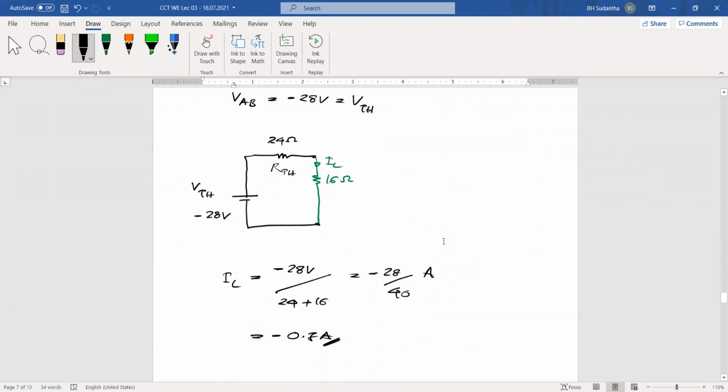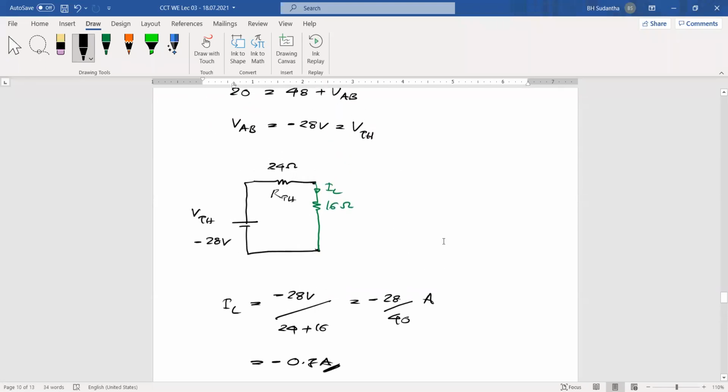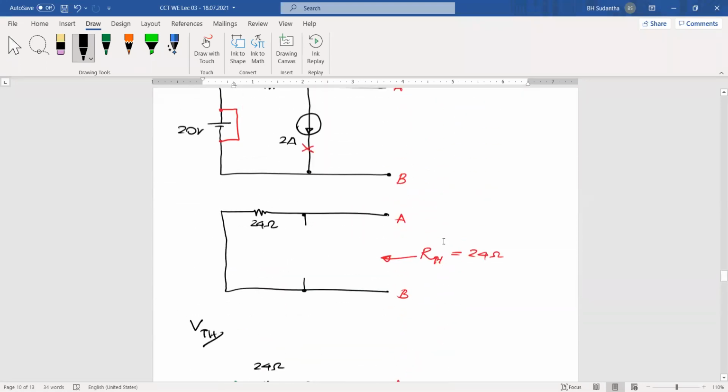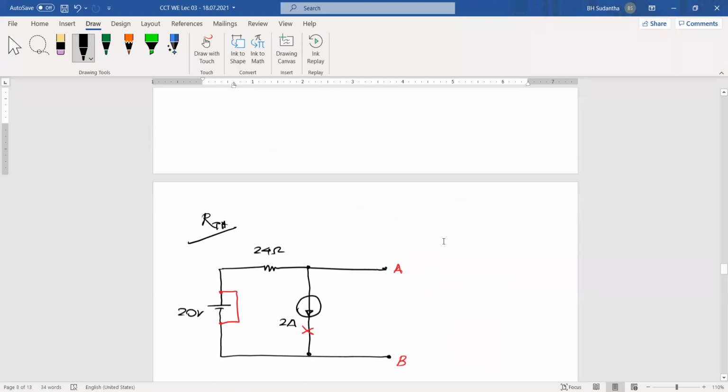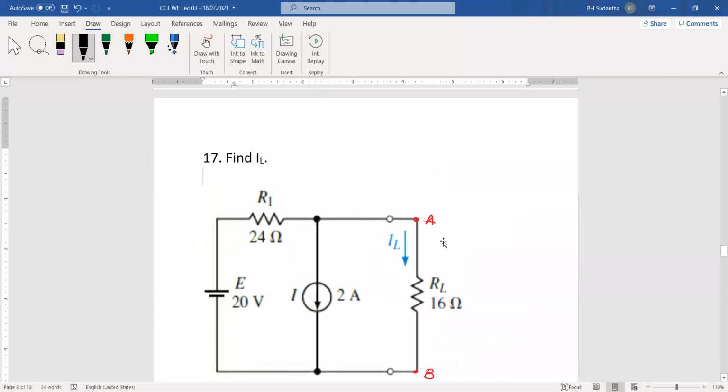Okay. And this is how Thevenin's theorem can be used to find different parameters of the circuit. When the circuit is complicated, you can reduce part of the circuit, identifying a certain component. You can remove that component from the circuit. Then for the rest of the circuit, you can find the Thevenin equivalent circuit.